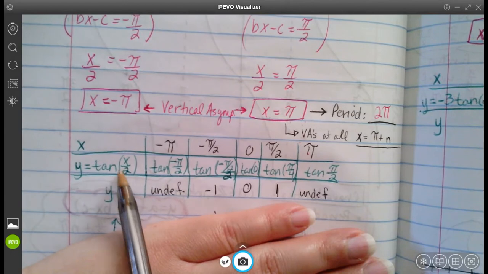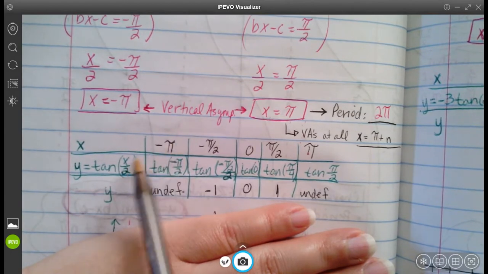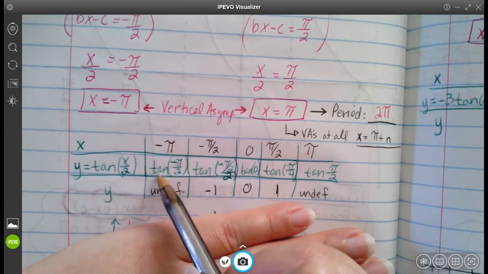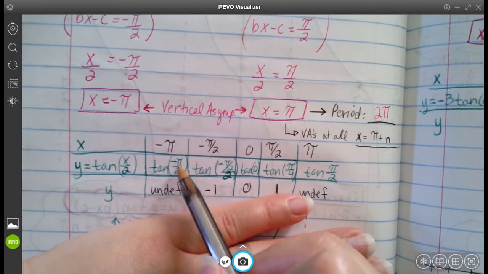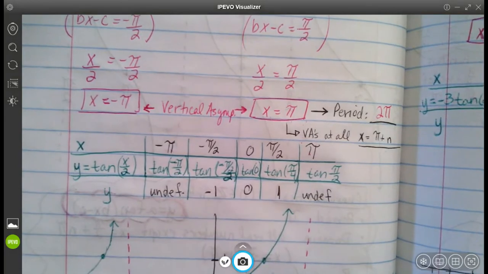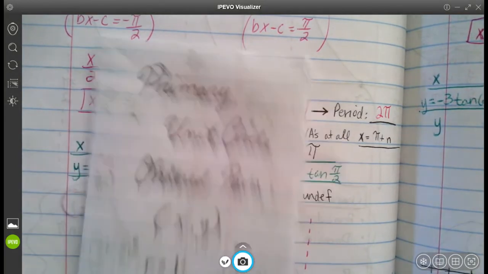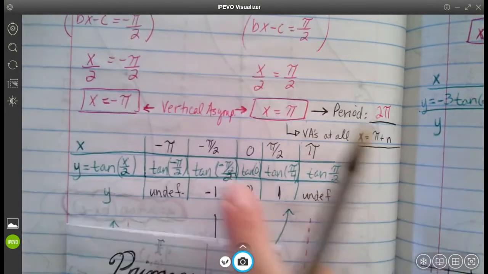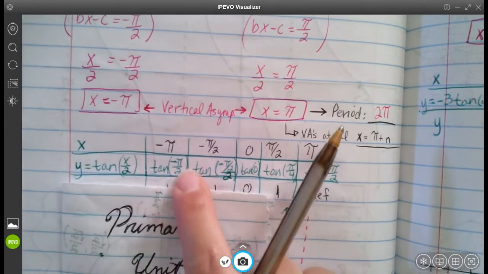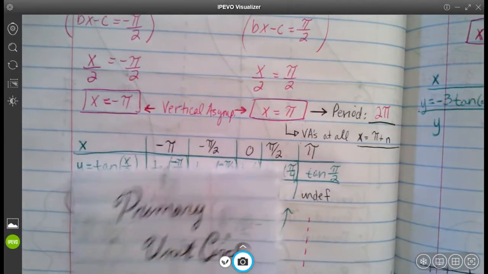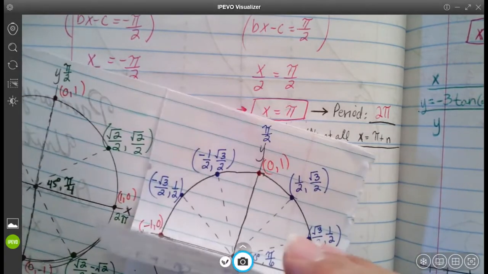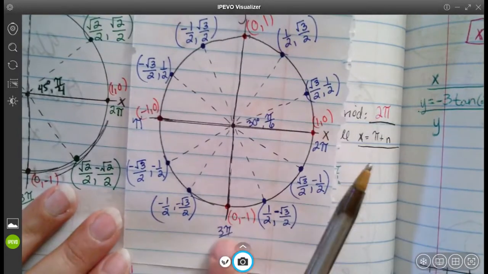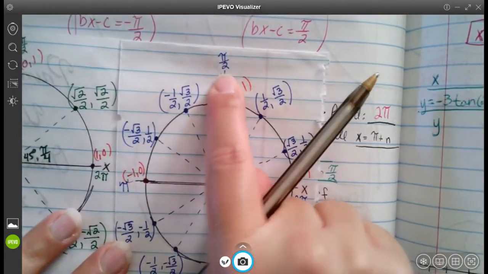Let's look at this part right here. This is our function. So basically all I have to do is take my x and plug it in, which is what you see here, tangent of negative pi halves. How do you find the value for this? Well, we do have a handy dandy little foldable. Let's look at tangent of pi halves. This is positive pi halves.